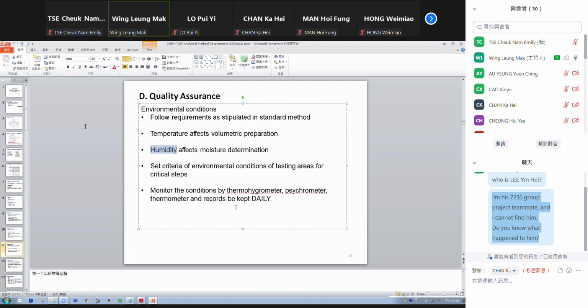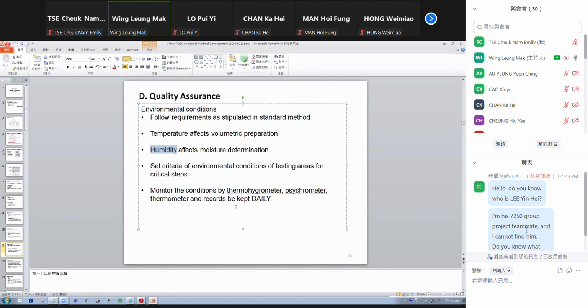For the frozen food, you need to monitor the performance of the refrigerator. After you leave the laboratory overnight and then come back, maybe there are no technicians or chemists inside the room.